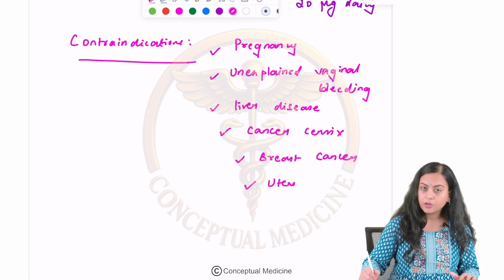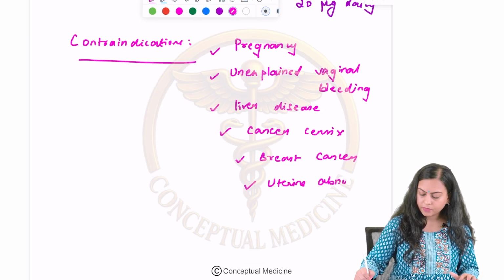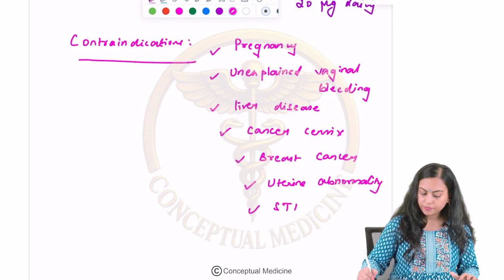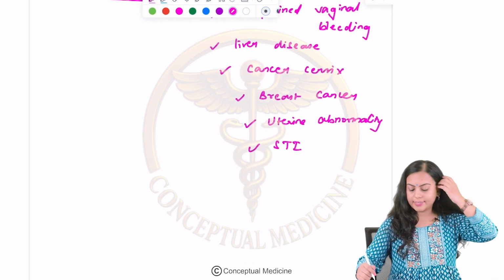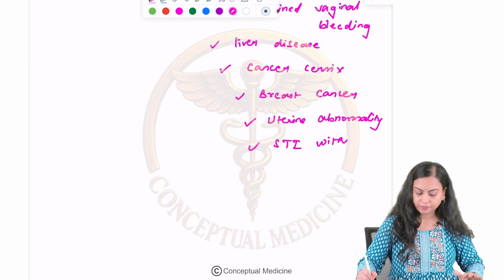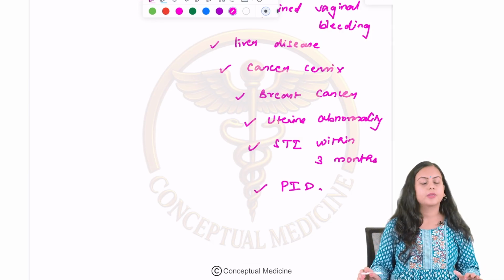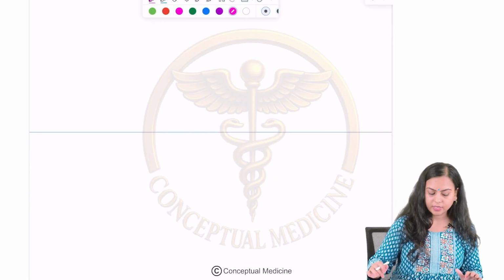There is uterine abnormality, or there is a history of STI within 3 months, or there is pelvic inflammatory disease, right?